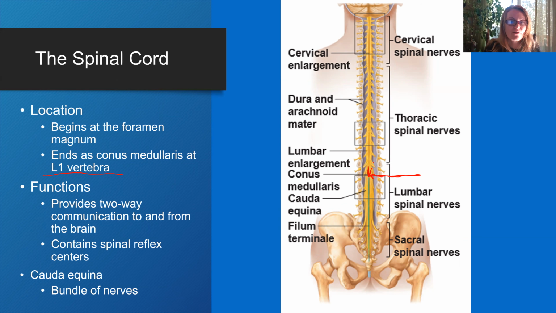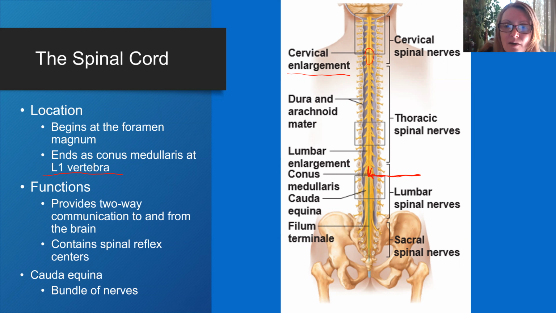So what is the function? It provides two-way communication to and from the brain and contains spinal reflex centers. And we have several structures over here, so let's look at them. First, we have what we call enlargements. We have the cervical enlargement, right? It would be kind of like this part.